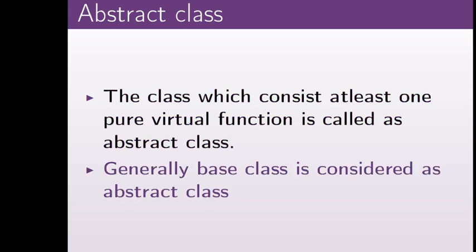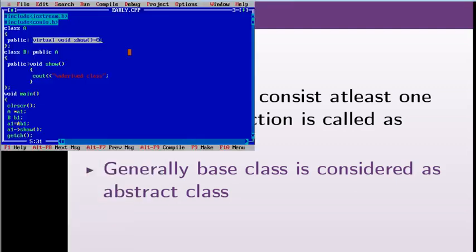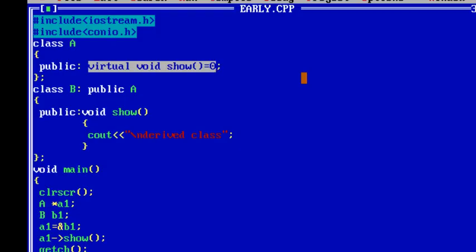Generally, base class is considered as abstract class. So let's start with one example. See this program. Here there is one class A. Class B has been inherited from class A. Class A has one function, that is show. B class also has function show.